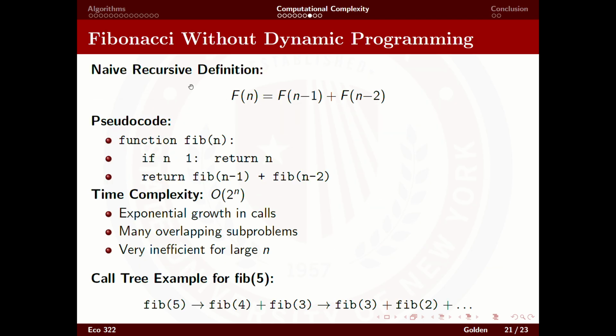So here's the Fibonacci sequence without dynamic programming. We have the naive recursive definition, which is f of n equals f of n minus 1 plus f of n minus 2. So function fib of n: if n is less than or equal to 1, return n, and otherwise return fib of n minus 1 plus fib of n minus 2. Time complexity is 2 to the n because you're calling it a lot. You also have to remember a lot.